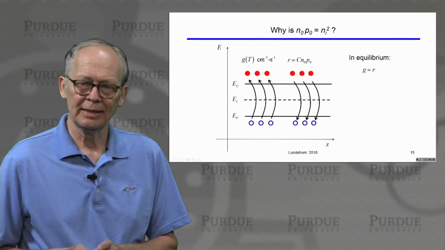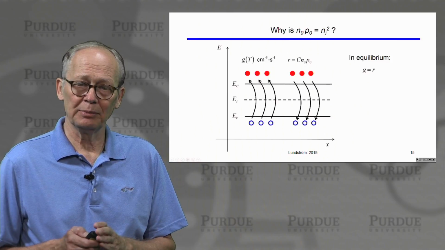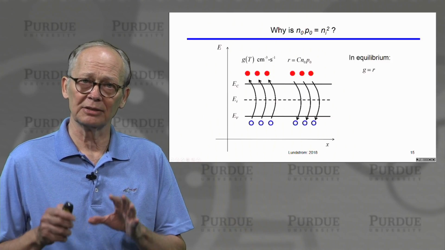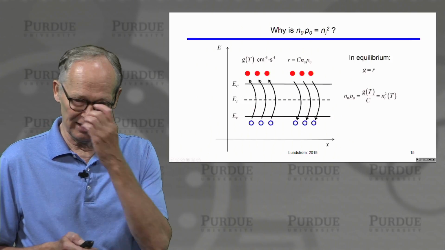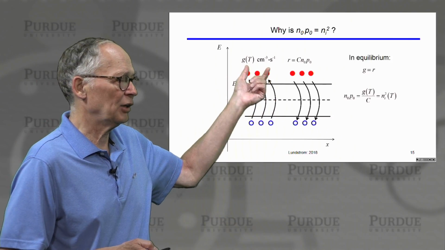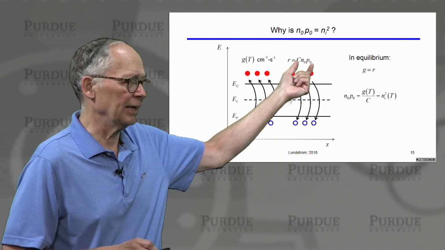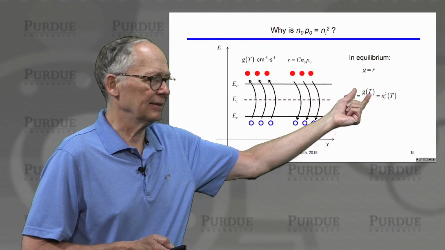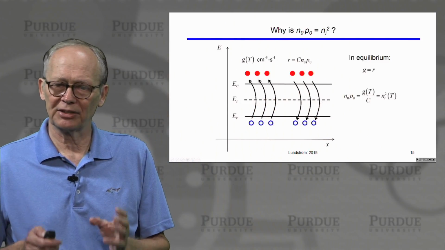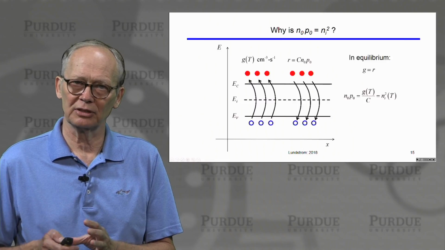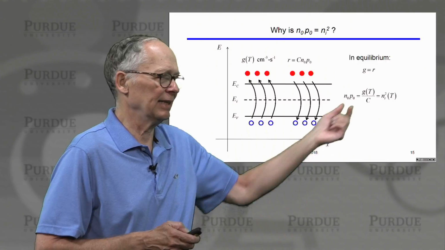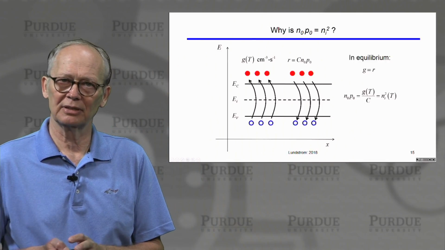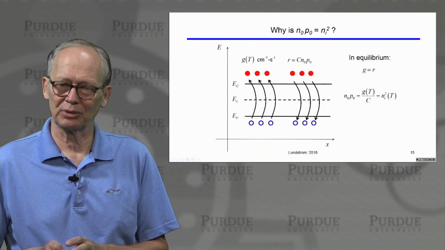Now, when we say that in equilibrium these two processes have to balance so that nothing changes with time, we say G is equal to R. If I simply equate these two and solve for np, you'll see that np is some material and temperature-dependent function that describes the generation process, divided by some material-dependent function that describes the recombination process.